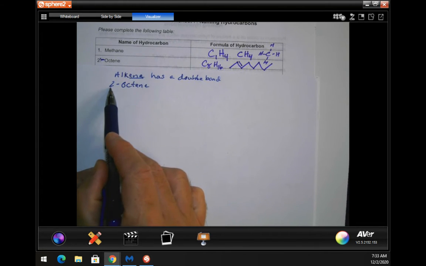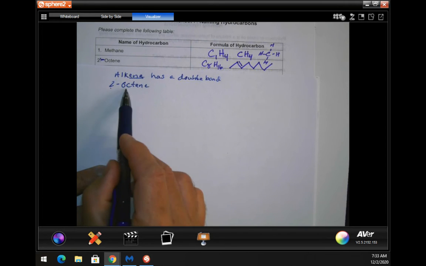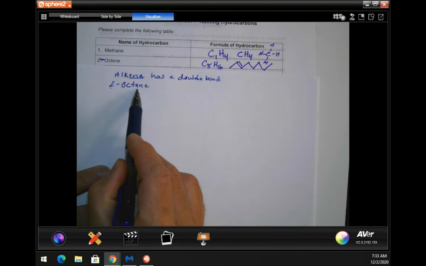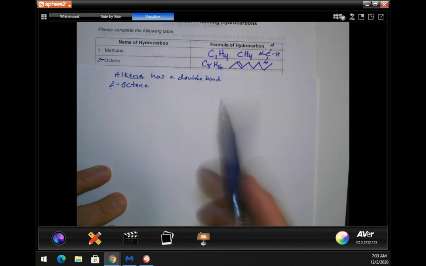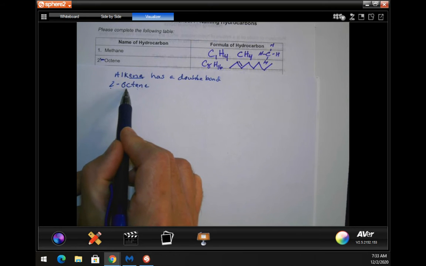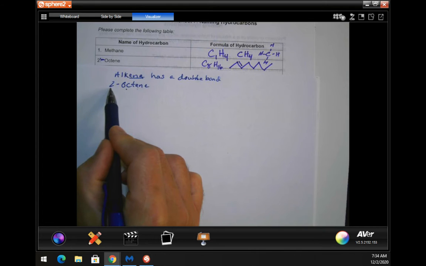The 2 tells you what carbon the double bond is on. So wherever you see a 2 in front of the name, that's telling you that on the second carbon, the double bond is happening. So if we read this backwards, it's saying a double bonded hydrocarbon with 8 carbons, and on the second one is the double bond.